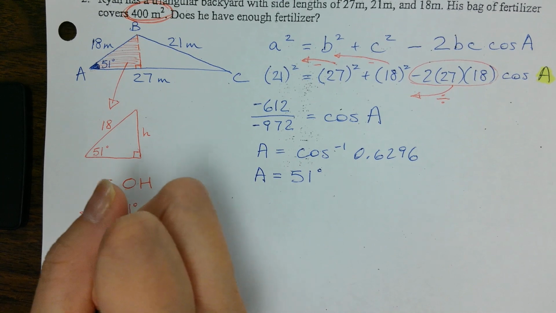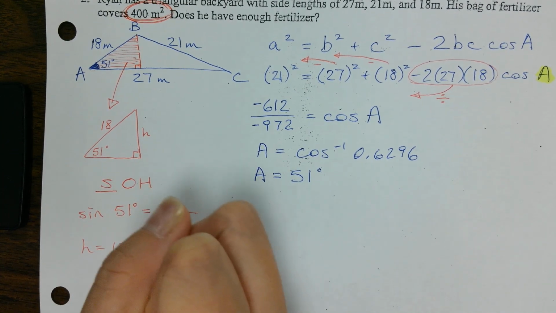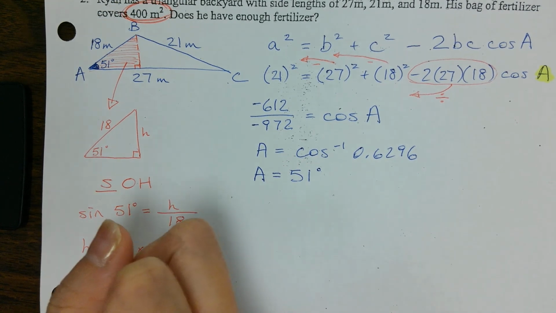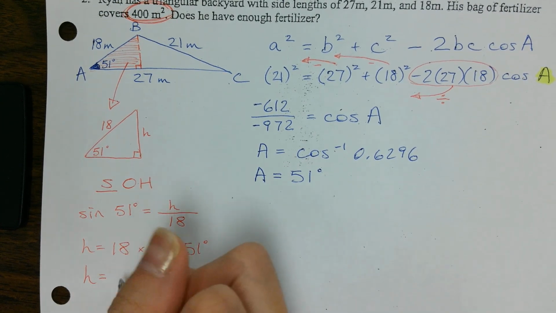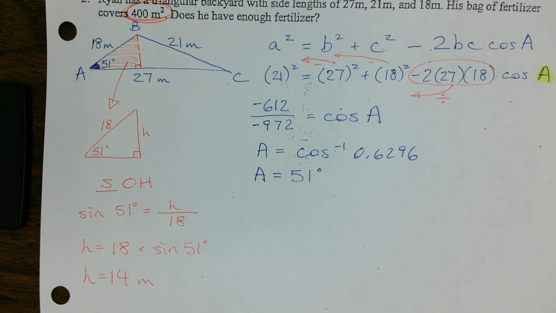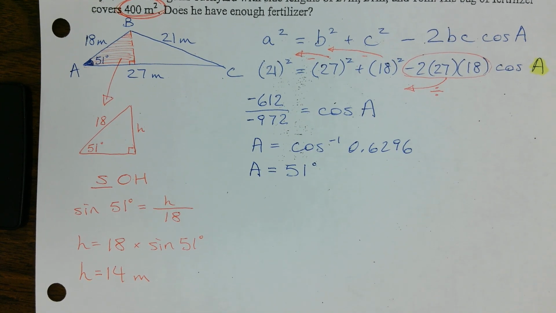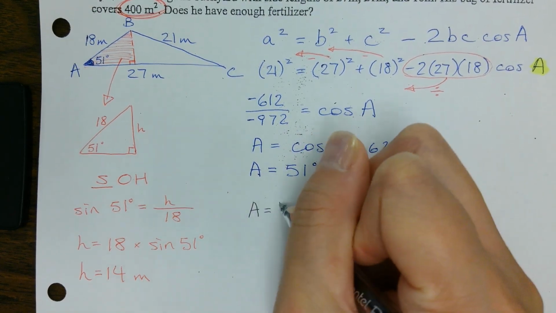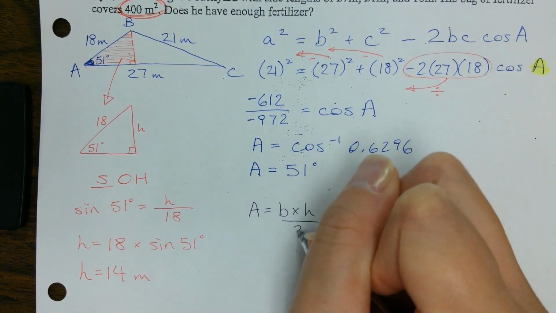And when you cross multiply, okay, h is 14 meters, exactly. Okay. And then our final step, because we want to find the area, base times height divided by 2.